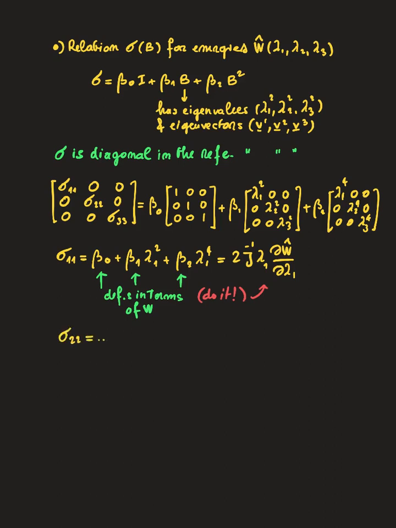So if you do the same for sigma 2,2, you will obtain that this is equal to 2J minus 1 lambda 2 times the derivative of the energy expressed in terms of the stretches relative to lambda 2, and sigma 3,3 likewise is equal to 2J minus 1 lambda 3 times the derivative of this energy relative to lambda 3. You can prove it, but it's enough in fact to prove it for 1.